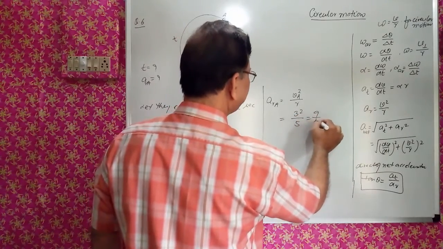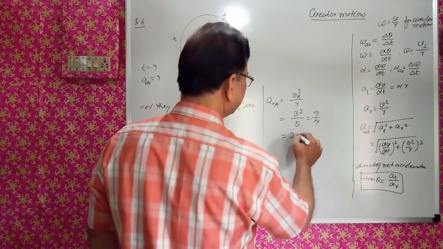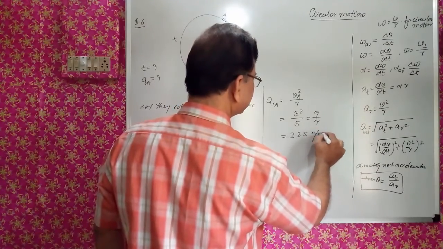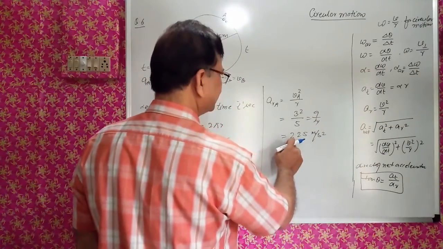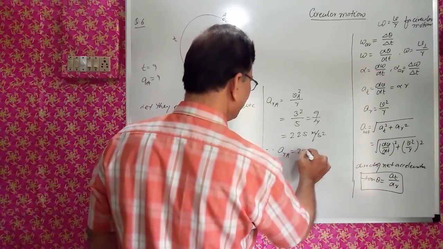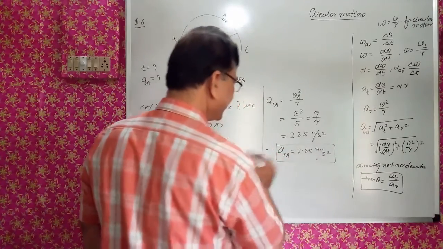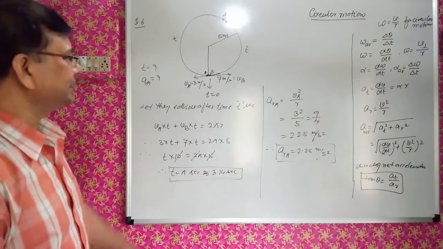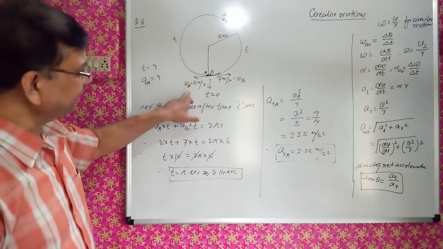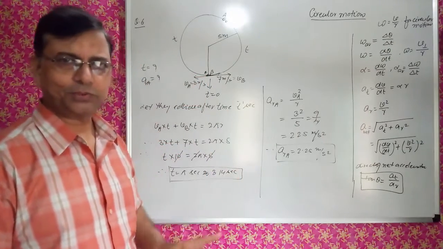That is 9 by 5, and that is equal to 1.8 meters per second square. Therefore ARA is equal to 1.8 meters per second square. This is the radial acceleration or centripetal acceleration of A, right? Because V is constant, everywhere we will have the same radial acceleration towards the center.